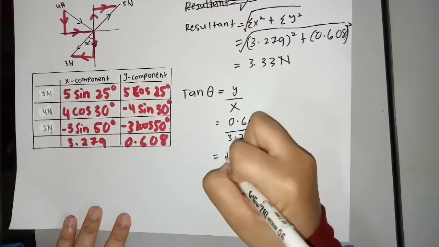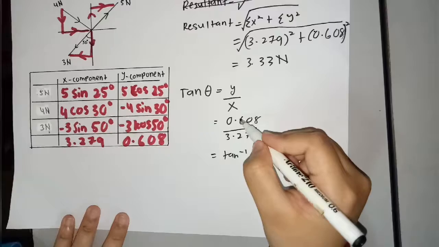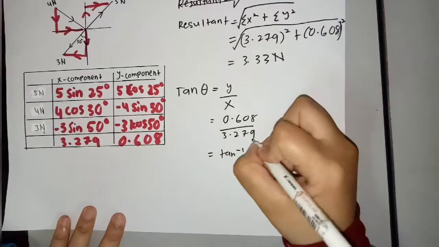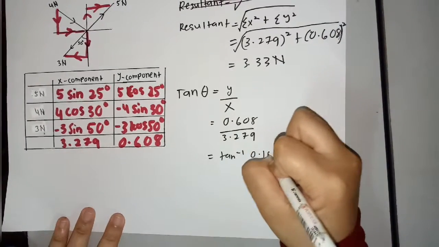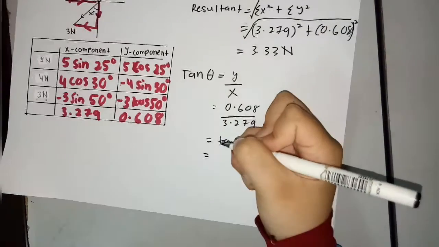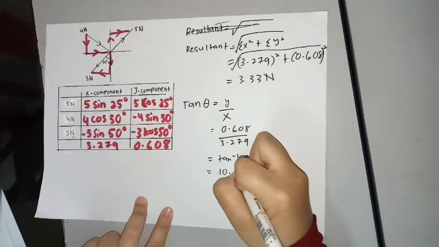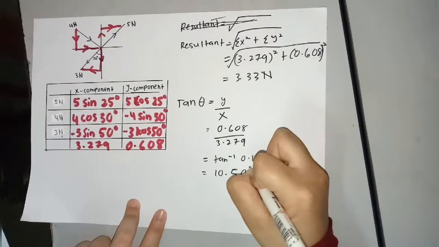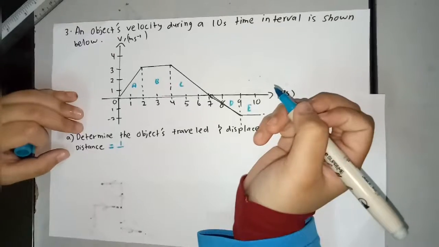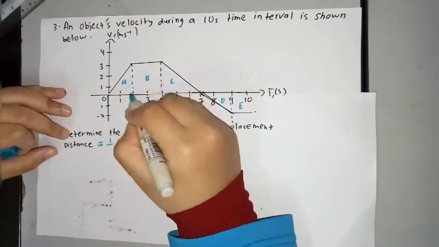Okay, shift time. So the answer of y over x is 0.1854. So the answer is 10.50 degree.